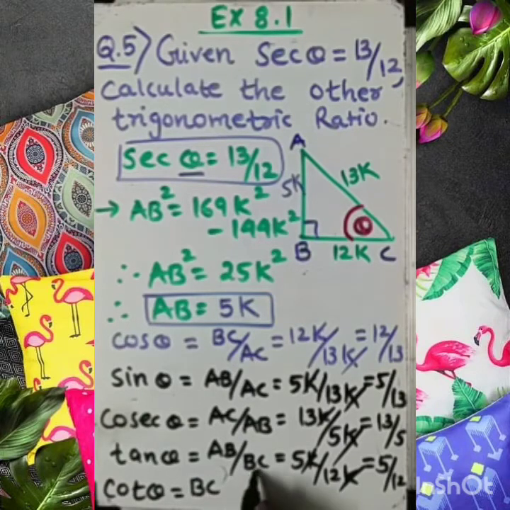So I need to write BC upon AB. Directly also I can do the reverse procedure of this. So it will be 12K upon 5K. K cancels. So the value is 12 by 5.